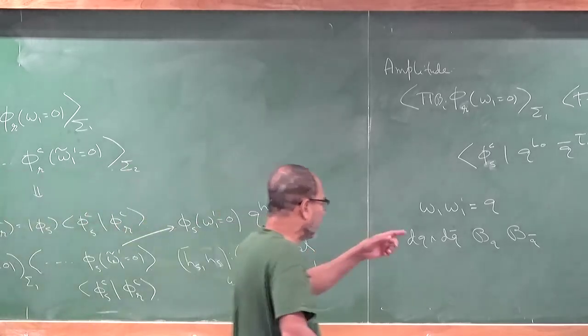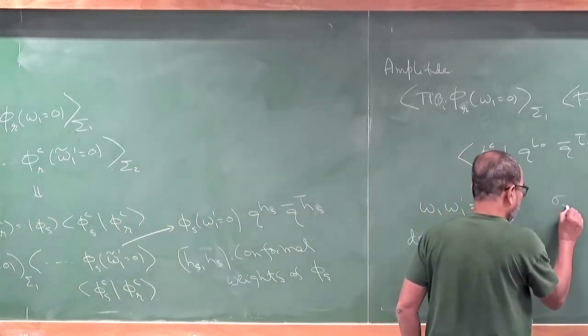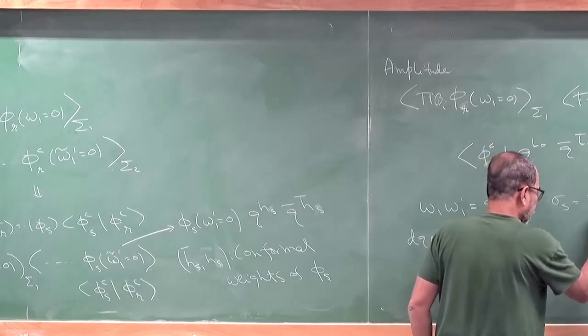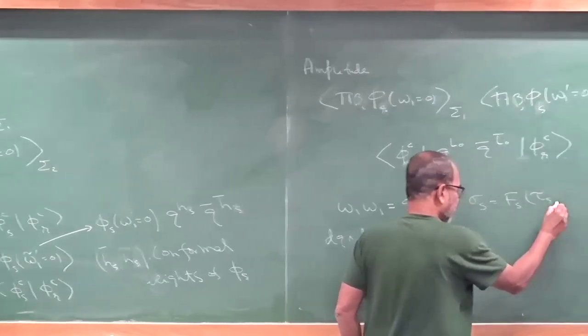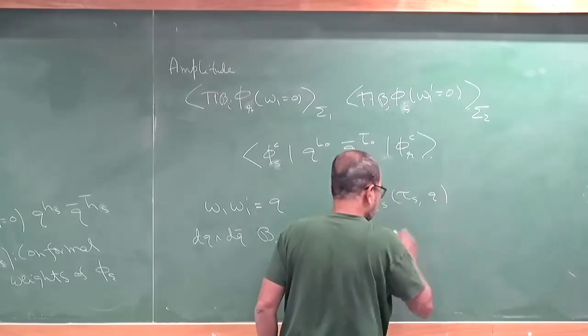So now let's write this equation for sigma s. You could remember sigma s is equal to fs of tau s and q. In this case, the variable is q.